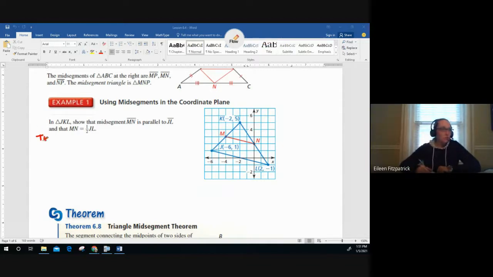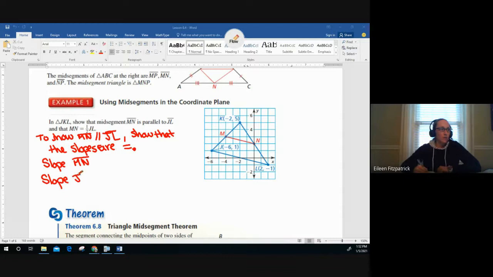So to show MN is parallel to JL, you want to show that the slopes are equal. Okay, so I want to find the slope of MN, and then I'm going to find the slope of JL.